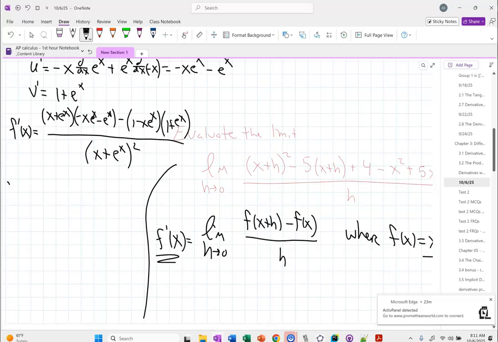All right, so we have negative x squared e to the x minus x e to the x minus x e to the 2x minus e to the 2x minus 1 plus x e to the 2x minus e to the x, then minus 1, plus x e to the x.